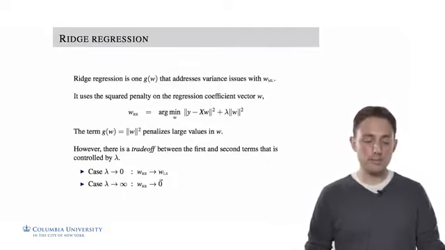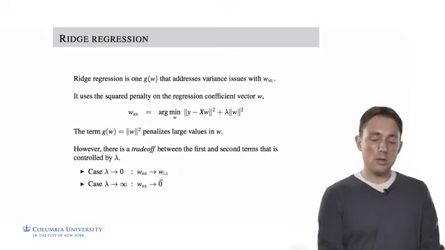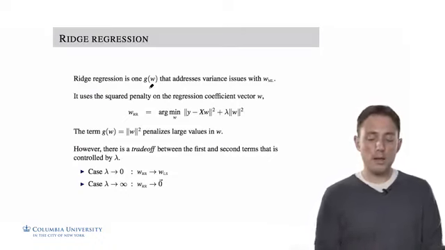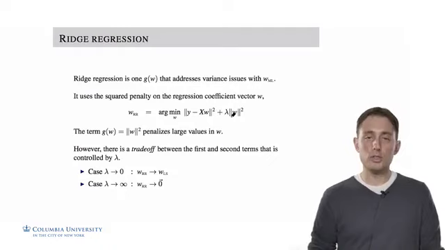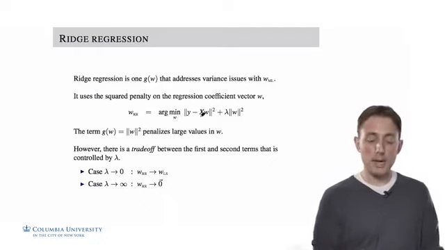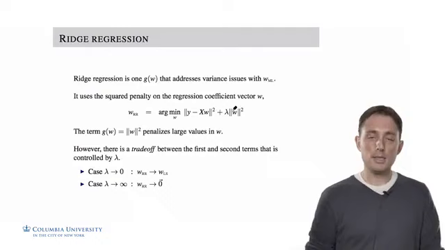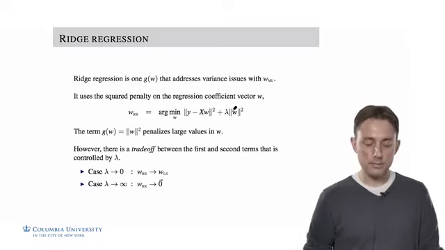Let's discuss ridge regression. Ridge regression is the name of a model where we use a particular form of this regularization function G. In particular, the ridge regression solution uses as the regularization function G the squared magnitude of the vector W. So with ridge regression, we're trying to find the vector W that minimizes the sum of squared errors, plus this additional penalty, which penalizes the magnitude of the vector W that we return.